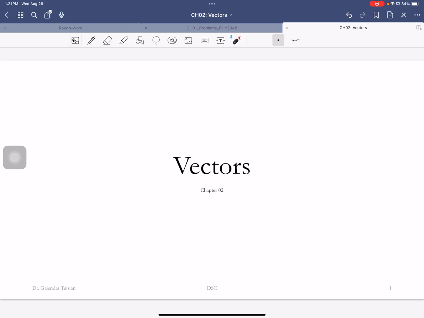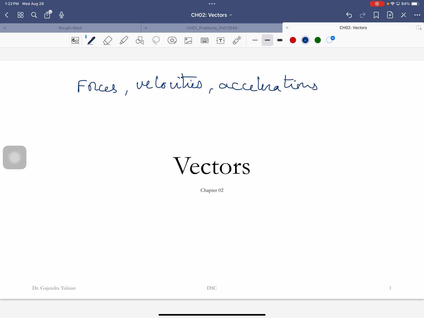All right. So why are we learning this new mathematical object? It turns out that vectors are quantities that have magnitude and direction to them. You all know that. So quantities like forces, velocities, acceleration, momentum. These are all quantities that you'll learn in this class, and they're all represented by vectors.